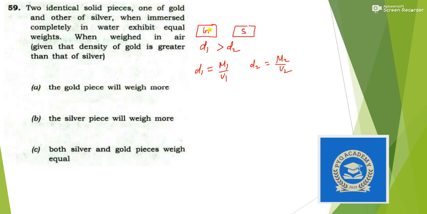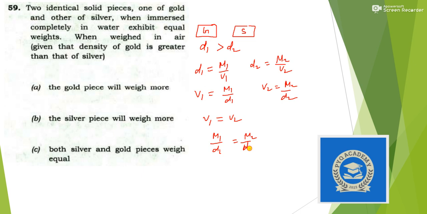As the size of the pieces is the same, they have the same volume. So we can write v1 equals m1 by d1 and v2 equals m2 by d2. According to our consideration, v1 equals v2, so m1 by d1 equals m2 by d2.